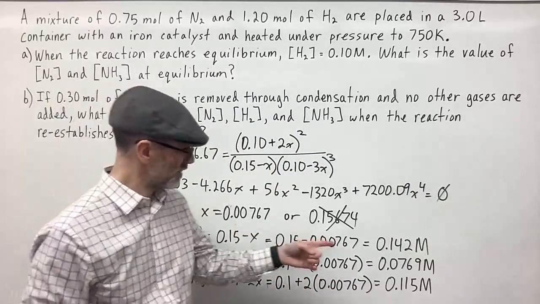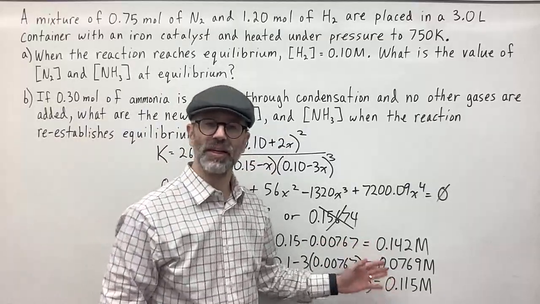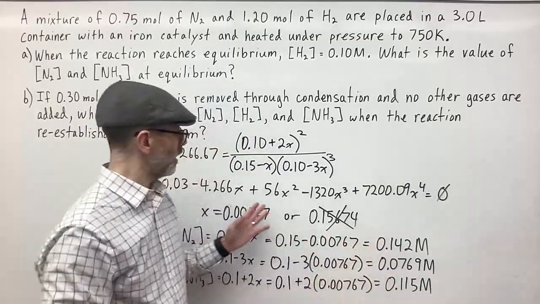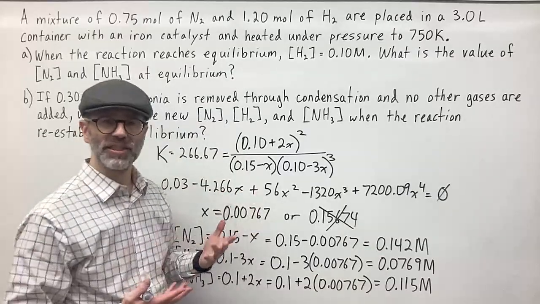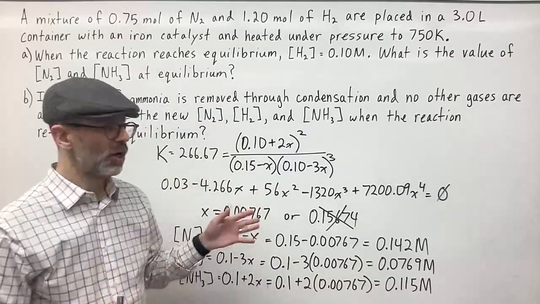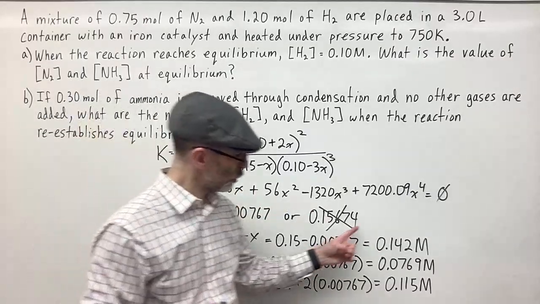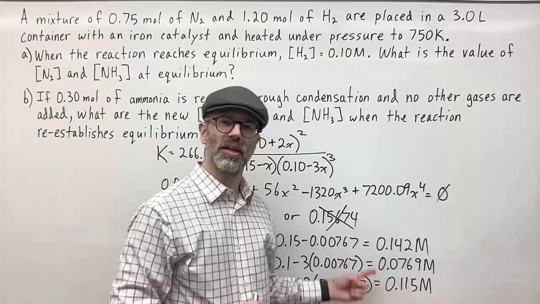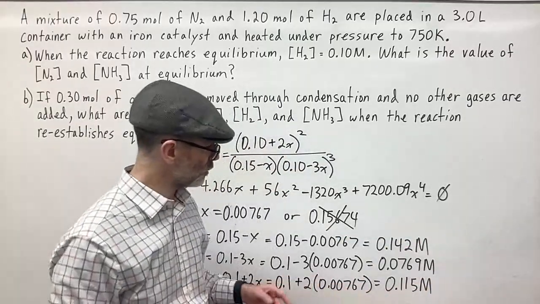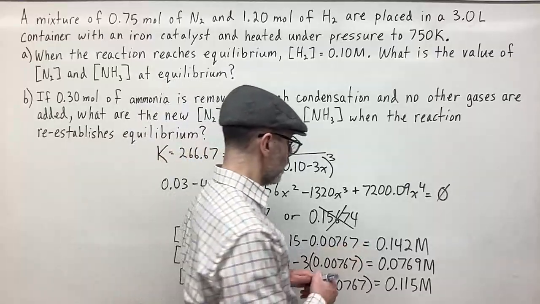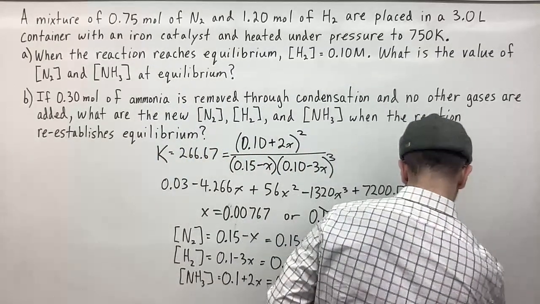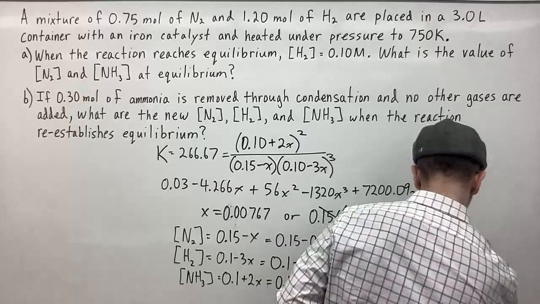And again, these numbers might be slightly off from your numbers. If you didn't round as much as I did, you might get something close to these answers. If you round this to 2 sig figs, this is going to be 0.14 molar.